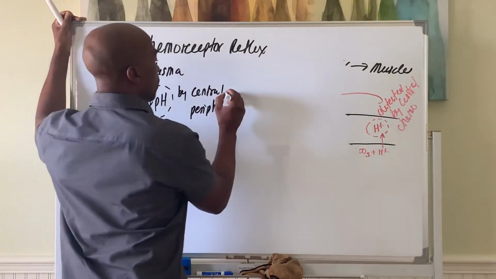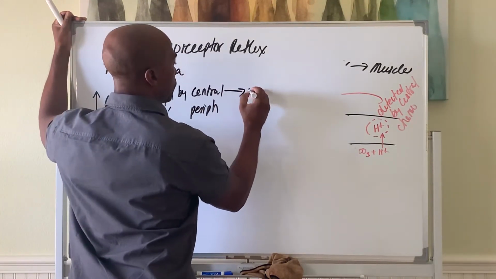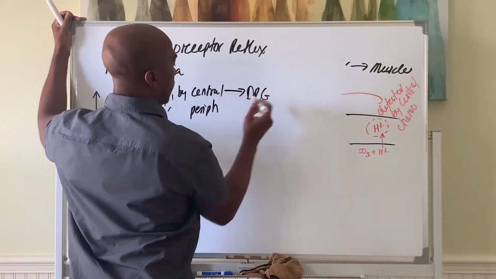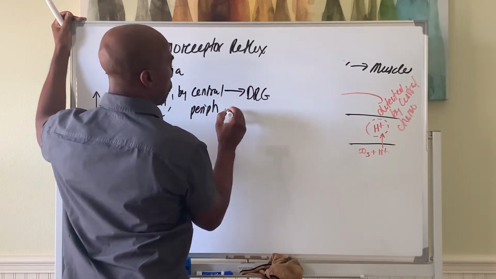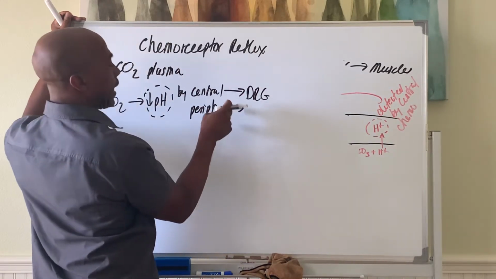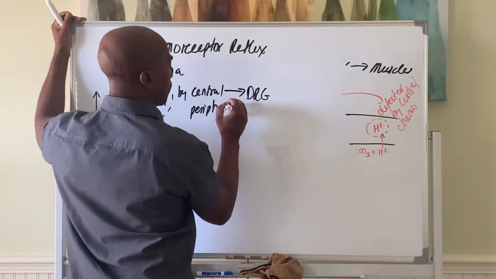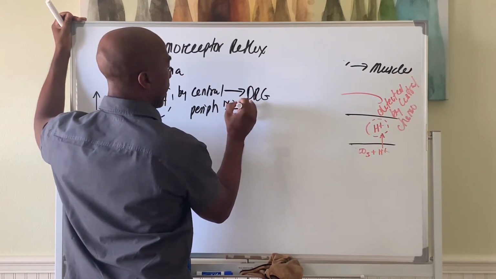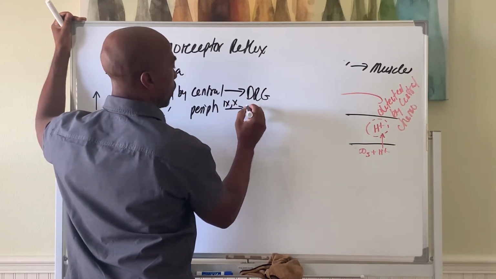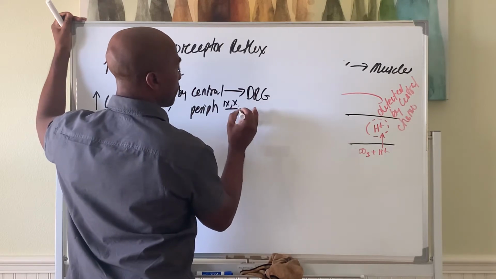The central one will just go next door to the DRG. The peripheral ones will travel through nerves 9 and 10. Nerves 9 and 10 carry it as well to the DRG.